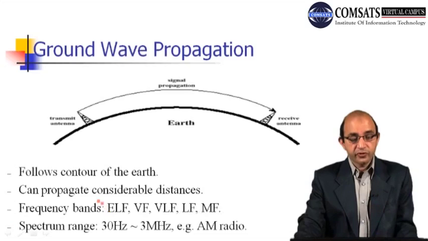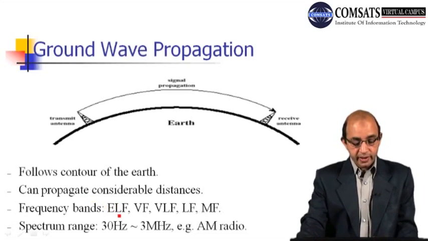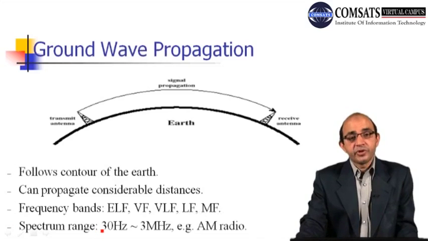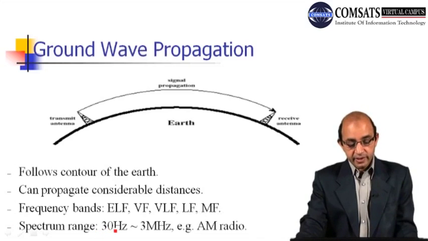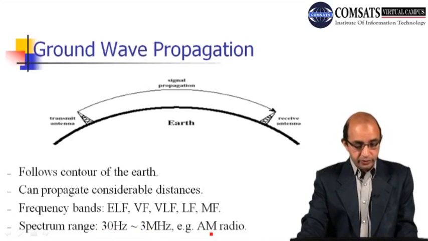The frequency bands supported are ELF, VLF, very low frequency, and then low frequency and medium frequency, extremely low frequency. The range of the spectrum is 30 hertz to 3 megahertz, for example, AM radio.